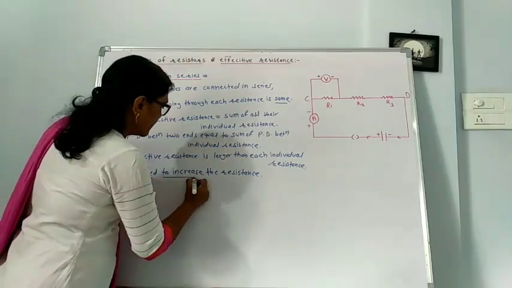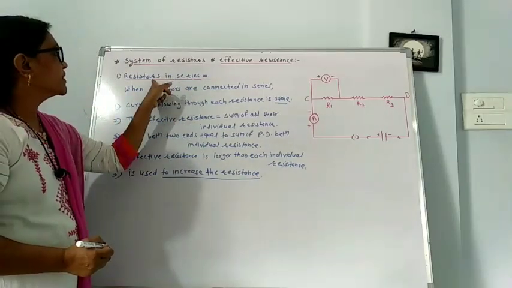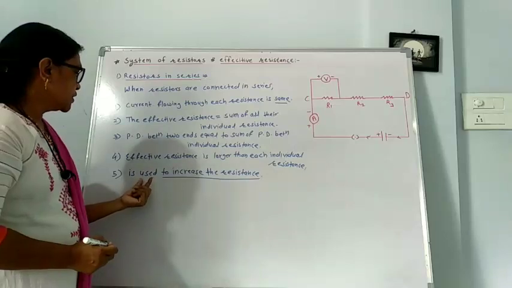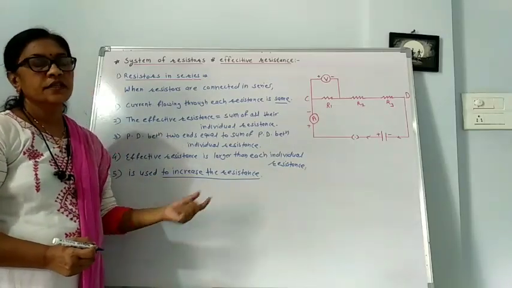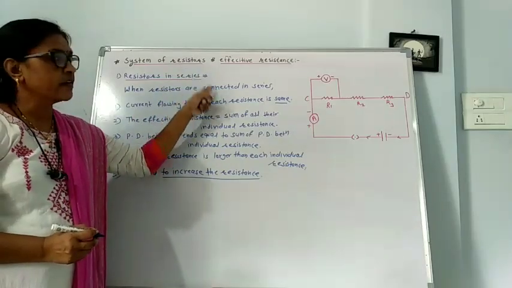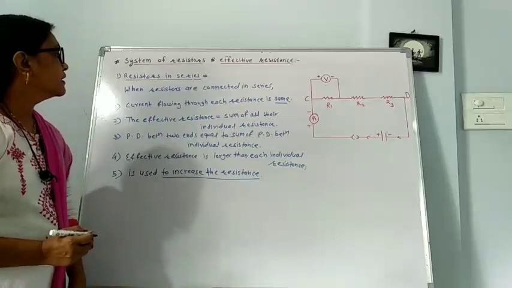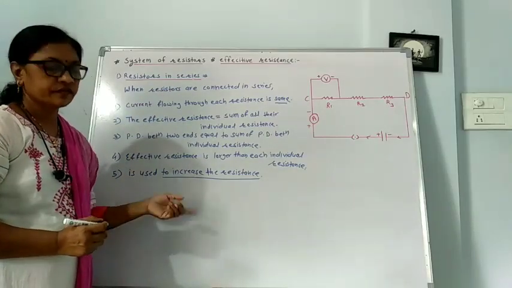This is an important point. This arrangement of resistors in series is used to increase the resistance. In this way, you have to write the expression for effective resistance and these characteristics of resistors.